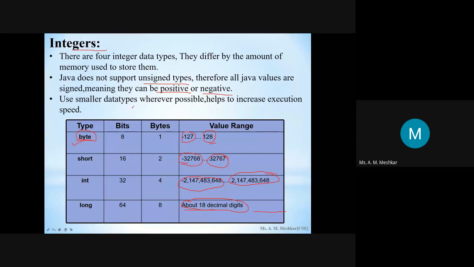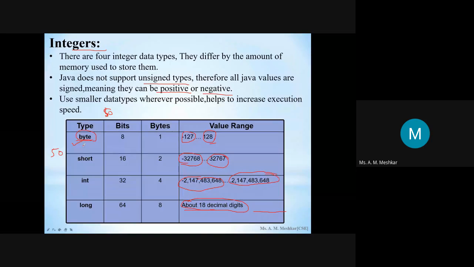And what can we do here? As we know, the larger the number, the more memory it takes to store. If there is a smaller number which can fit in a smaller size data type, then use it wherever possible. To store a smaller number, prefer to use the smaller sized data type.